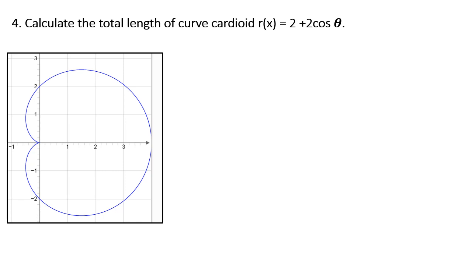Calculate the total length of the cardioid r of theta equal to 2 plus 2 cosine theta. In letter A, from theta equals 0 to theta equals pi.